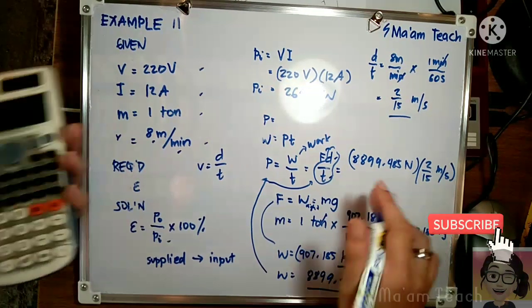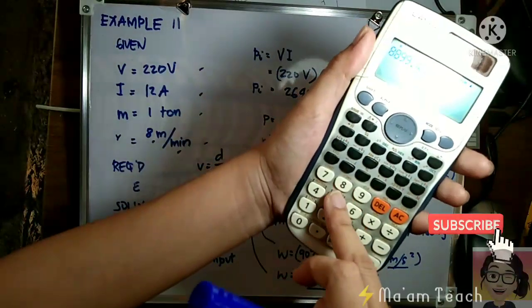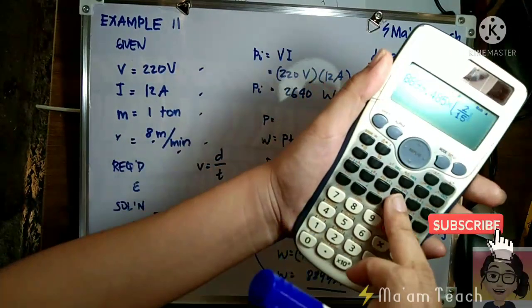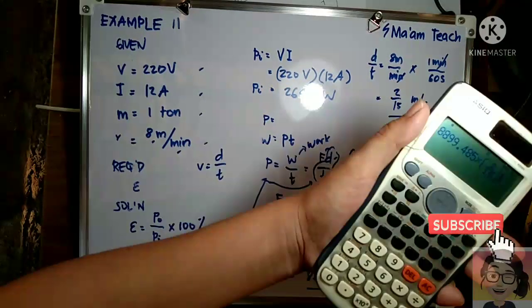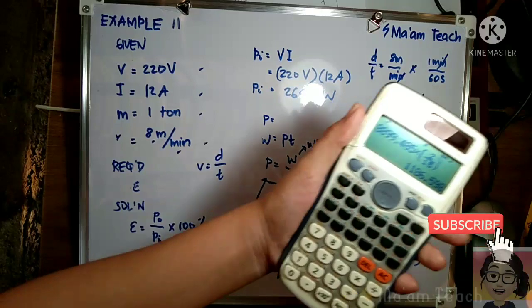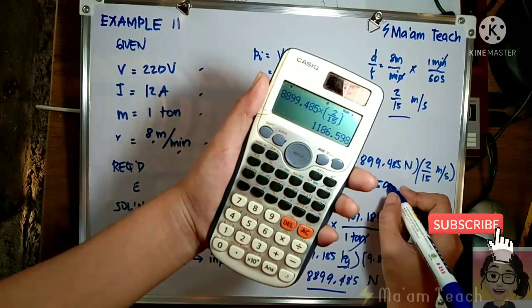Now how much is that? 8899.485 times 2 over 15. There, can you see it? So we have 1186.598.